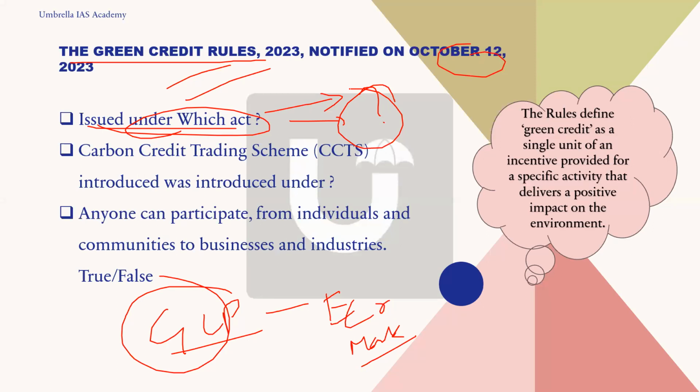So under the Energy Conservation Act they have brought these green credit rules. Next, the carbon credit trading scheme was introduced under which act?